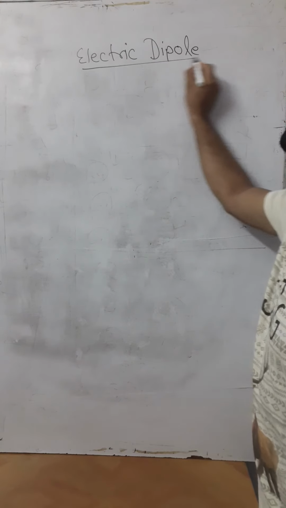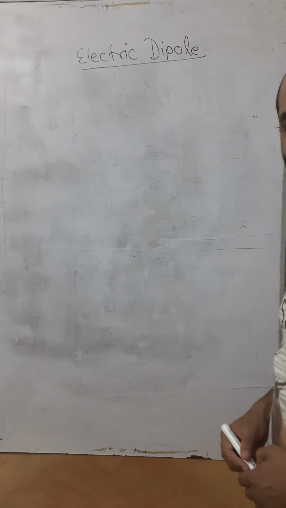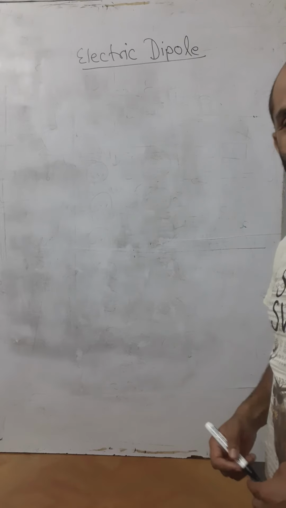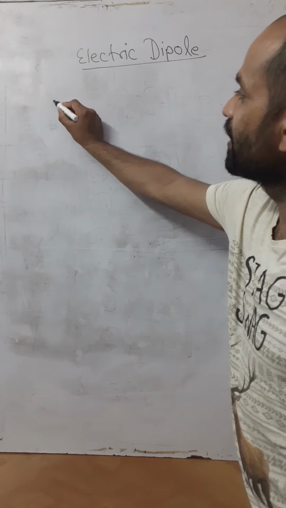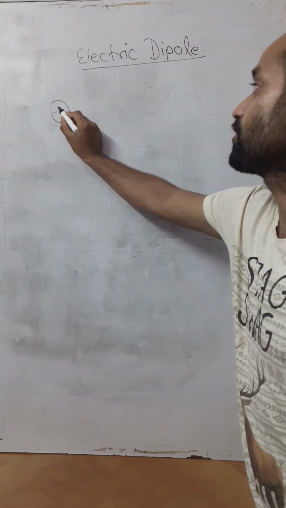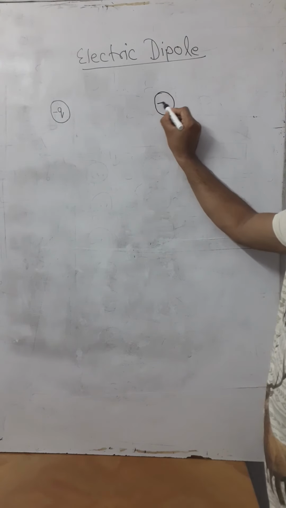Okay. Firstly, I want to ask, what is electric dipole? Electric dipole is nothing but two equal and opposite charges. Suppose one charge is minus q, another charge is plus q.